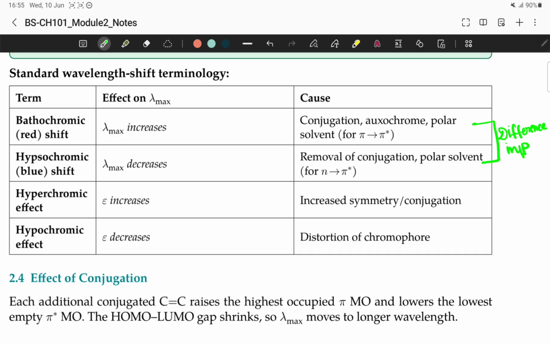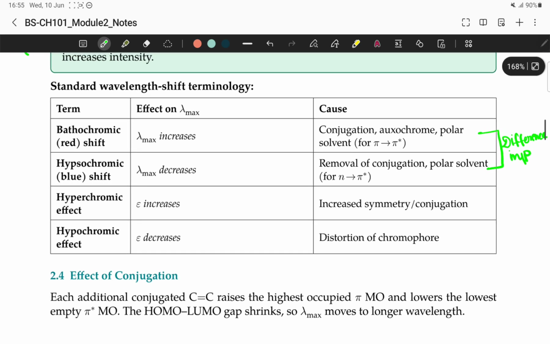From an exam point of view, bathochromic shift is also known as red shift, and hypsochromic shift is known as blue shift, and there is the hyperchromic effect and the hypochromic effect. In bathochromic shift, lambda max increases to longer wavelength, which means lower energy, caused by extended conjugation or addition of an auxochrome.